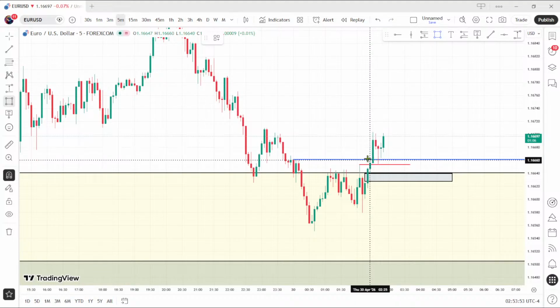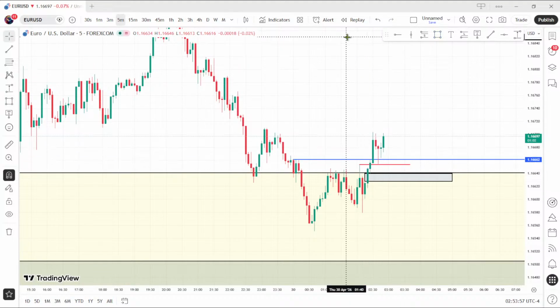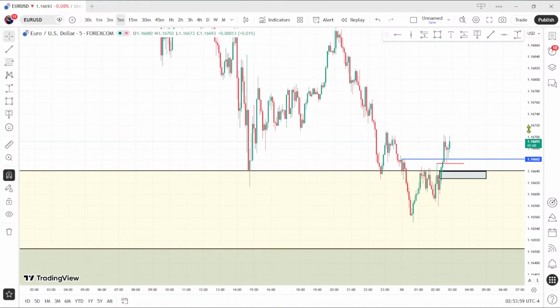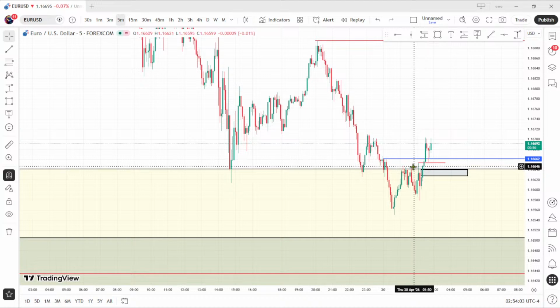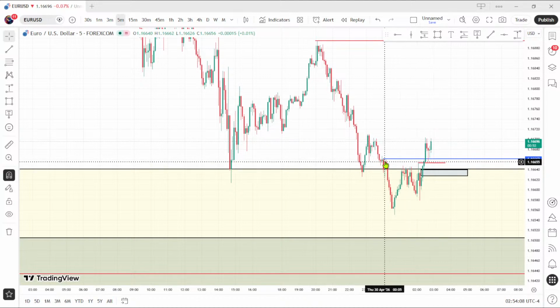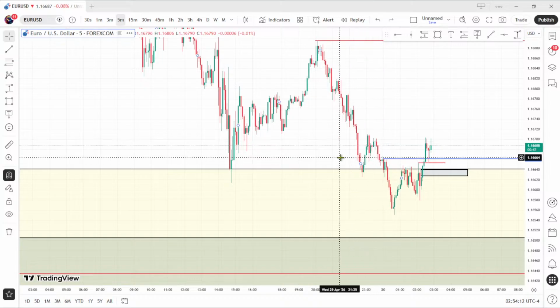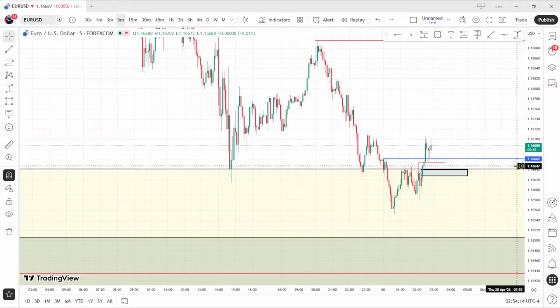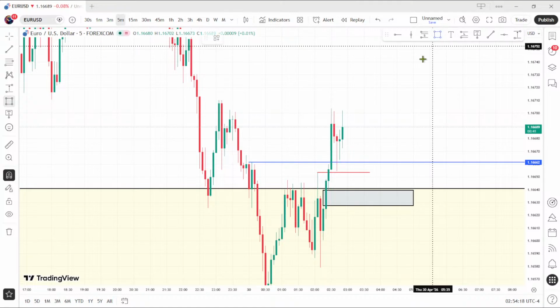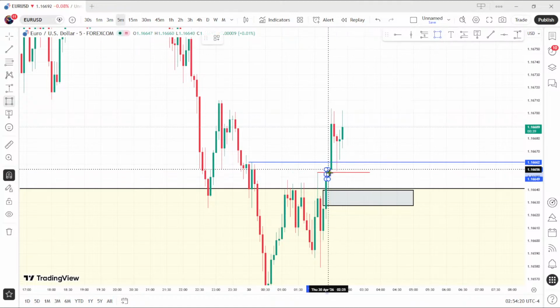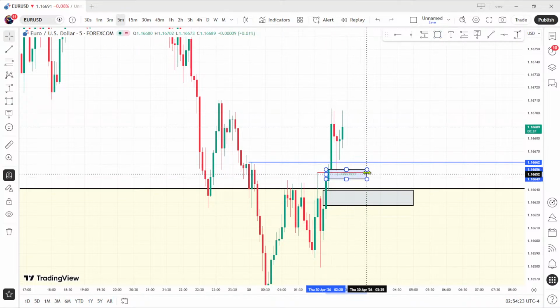Here is another entry. I told you I'm expecting a market structure shift below the midnight opening price, inside a fair value gap in the 5 minute.